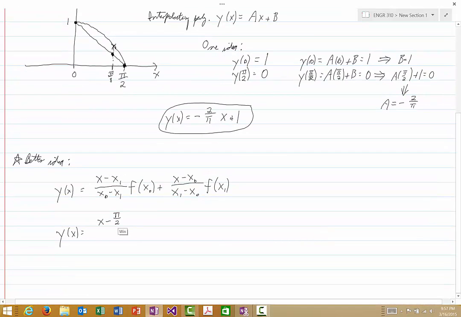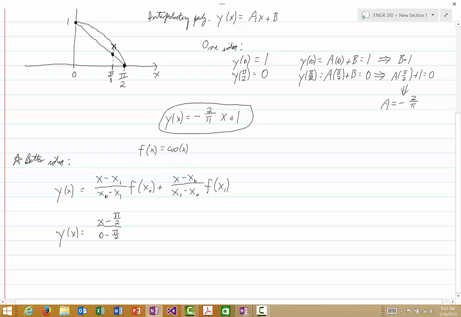So x minus x1 will be x minus pi over 2, over x0 is the left hand x, so that's 0. 0 minus pi over 2, times f of x0. F of x here is our function cosine of x.